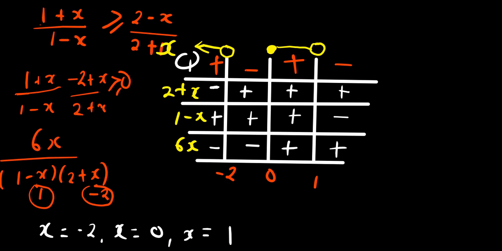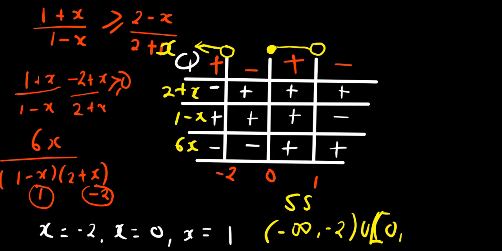Therefore our solution set in this case will be: we want all values from negative infinity to negative 2, which is not included, union from 0, where 0 is included, to 1. Okay, 1 is not included as well. So that will be our solution set.